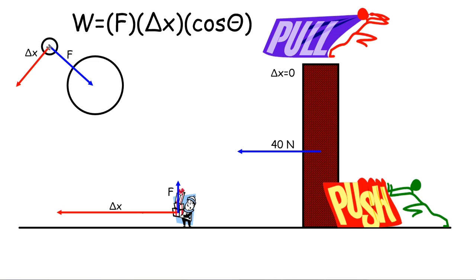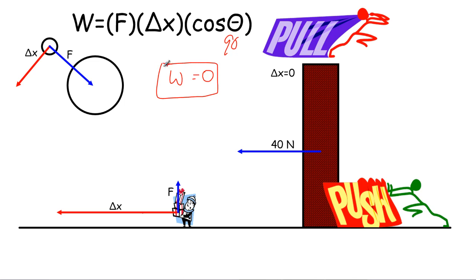The displacement of the moon, on the other hand, points perpendicular to that because it's traveling in a circle around the Earth. And so the angle, once again, is 90 degrees, and cosine of 90 degrees is 0. So that whole thing is 0. So the amount of work that the Earth does on the moon is 0.